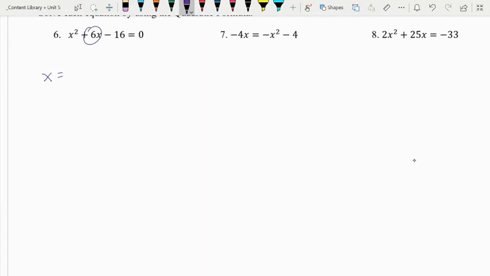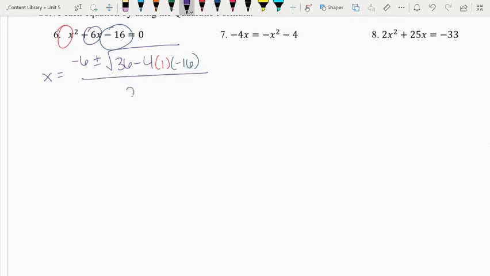So b is 6, so the opposite of b is -6, plus or minus the square root of b squared, which I'm just going to put what b squared is, which is a positive 36. Remember, it's always going to be positive. Then it's going to be -4 times a, which ends up being 1, times c, which is -16. And then it's all over 2 times a, which again is 1.